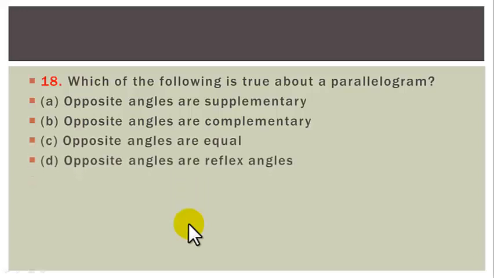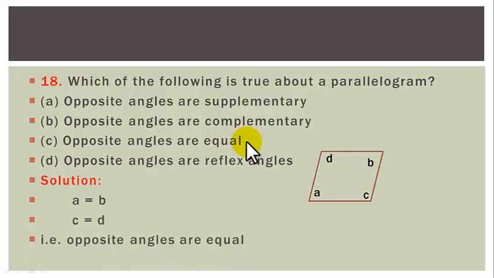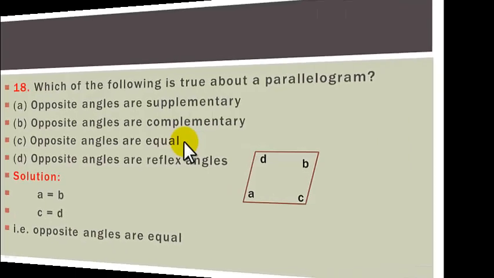And D. Opposite angles are reflex angles. Solution. Here is the parallelogram, and the opposite angles here are A and B, C and D. That is, A is equal to B and C is equal to D. So therefore opposite angles are equal.